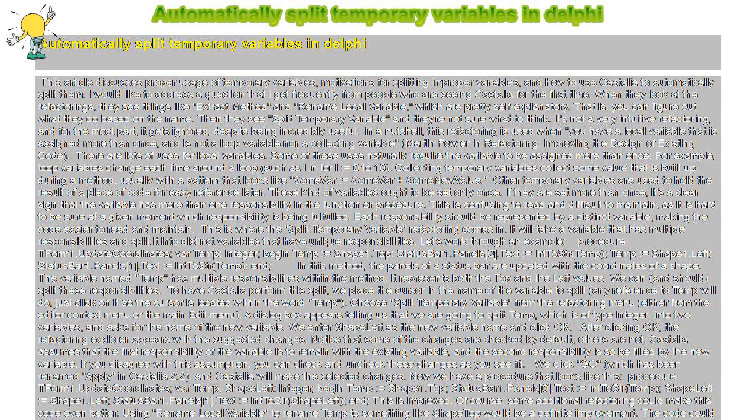Each responsibility should be represented by a distinct variable, making the code easier to read and maintain. This is where the split temporary variable refactoring comes in. It will take a variable that has multiple responsibilities and split it into distinct variables that have unique responsibilities.